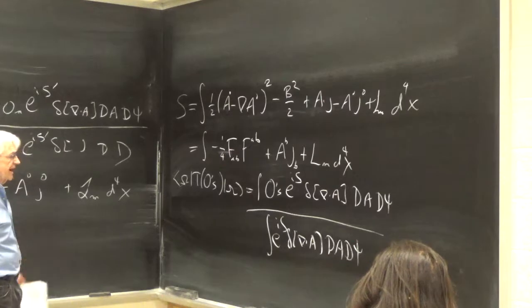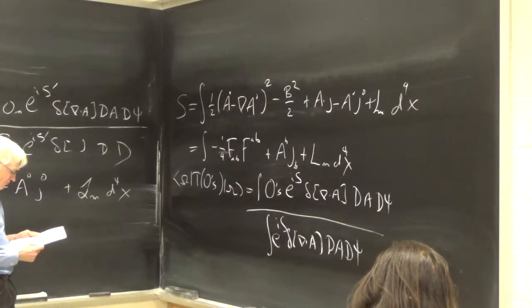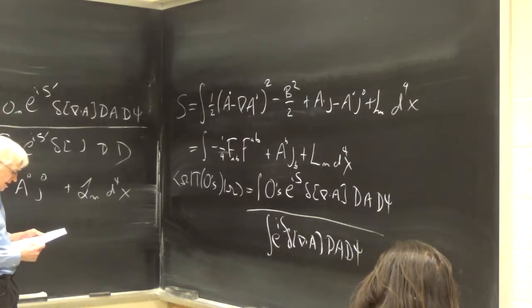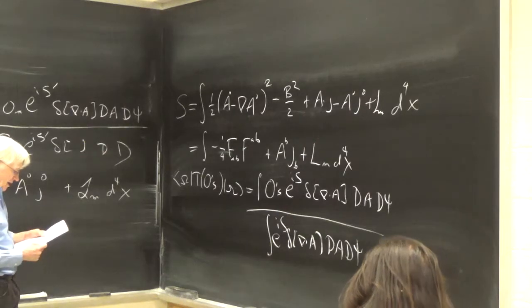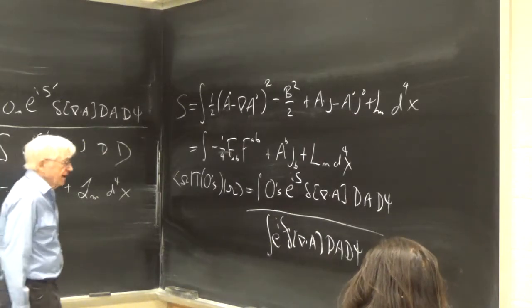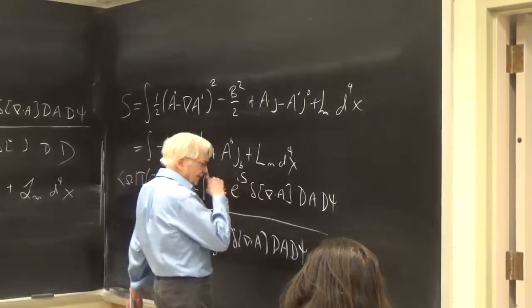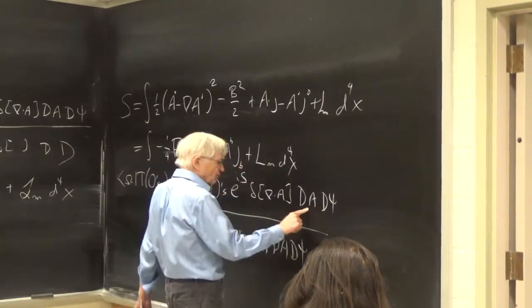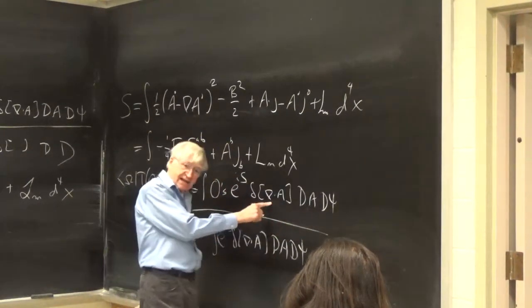What we can do now is say, here we're integrating over all gauge fields, but we've got a gauge condition.